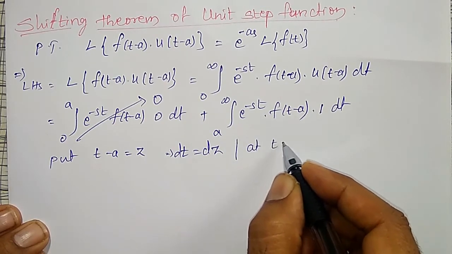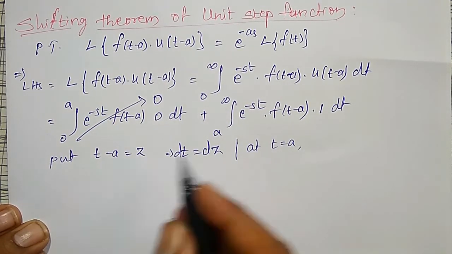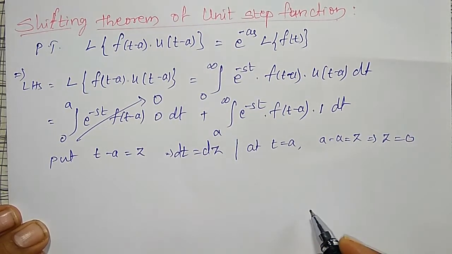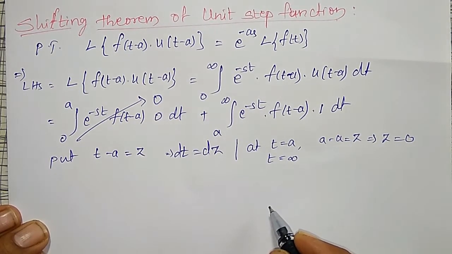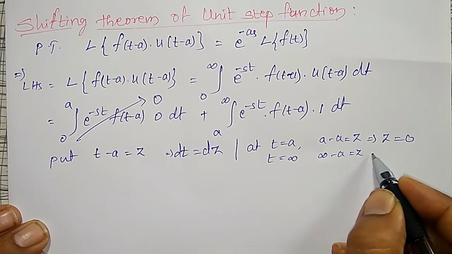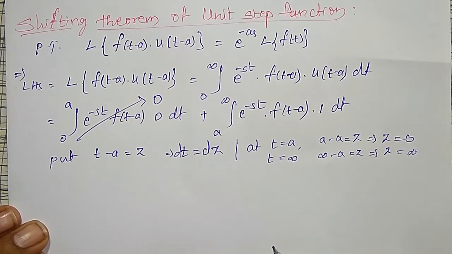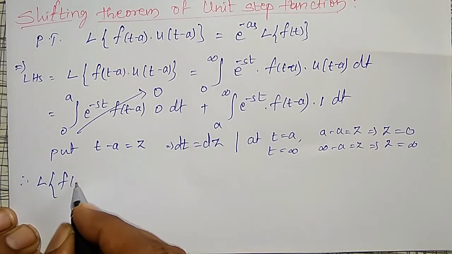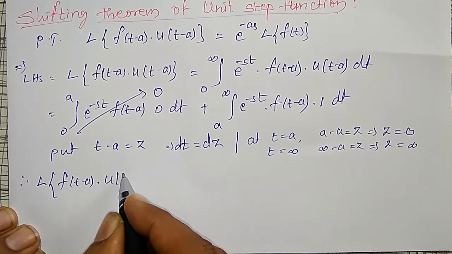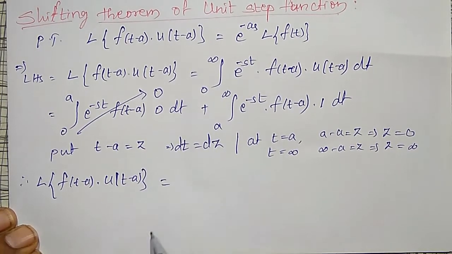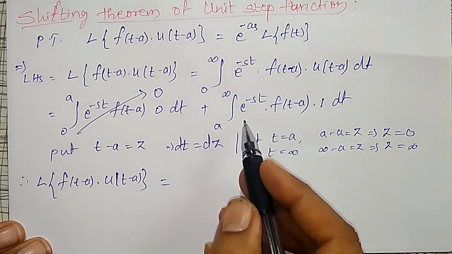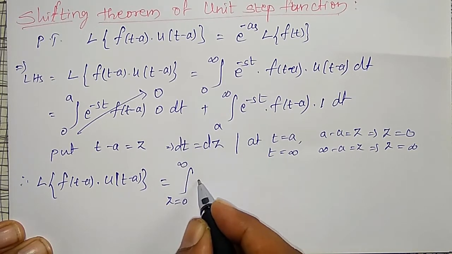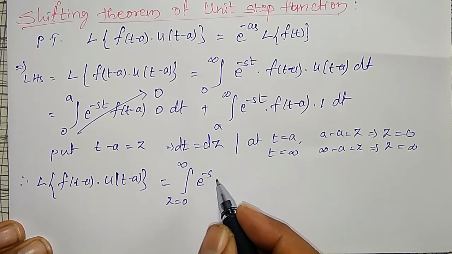At t equal to a, a minus a equal to z, which implies z equal to 0. At t equal to infinity, infinity minus a equal to z, which implies z is equal to infinity. Therefore, the Laplace transform of f of t minus a into u of t minus a is equal to, converting in terms of z, the integration from z equal to 0 to infinity of e to the power minus s into t.